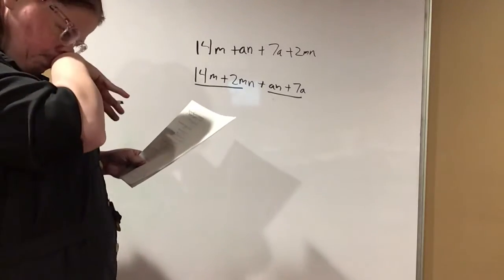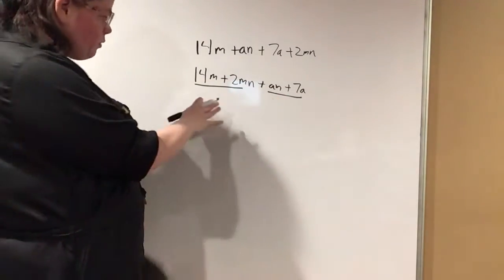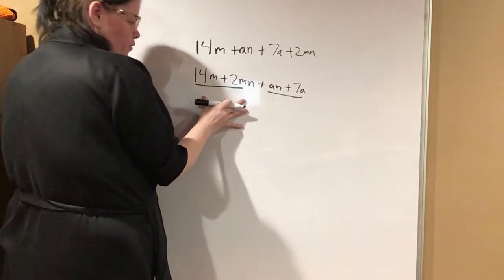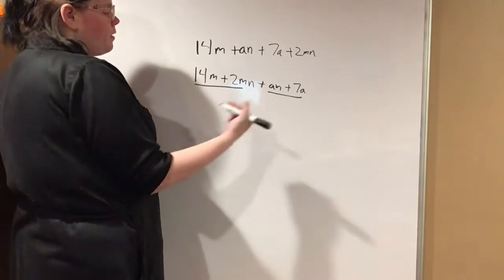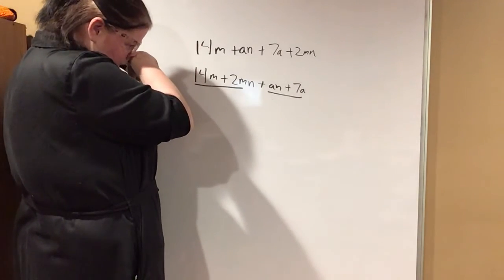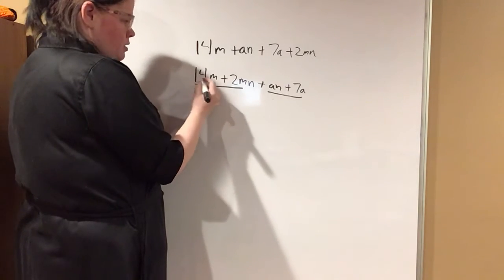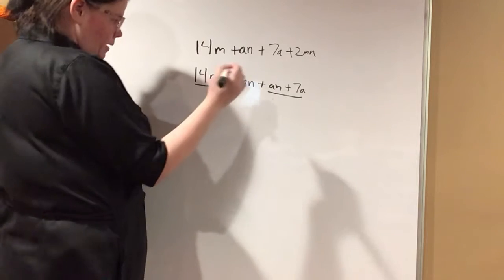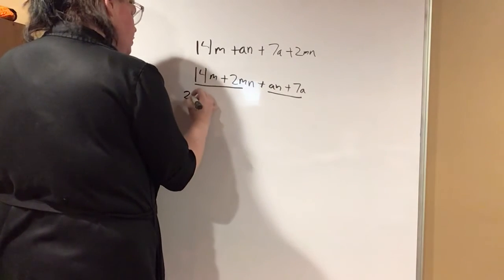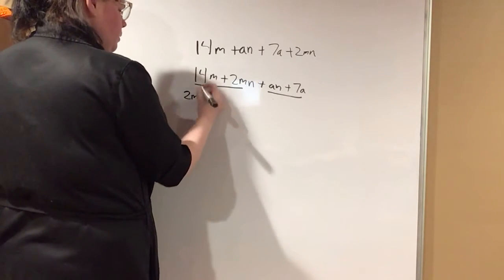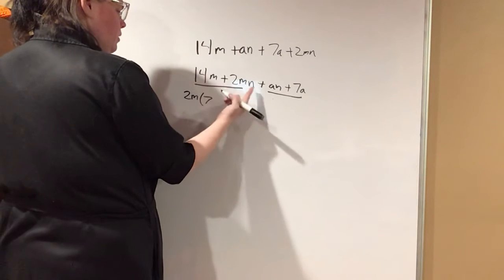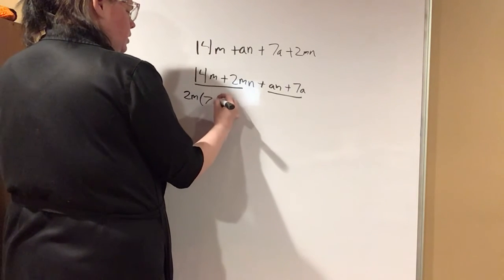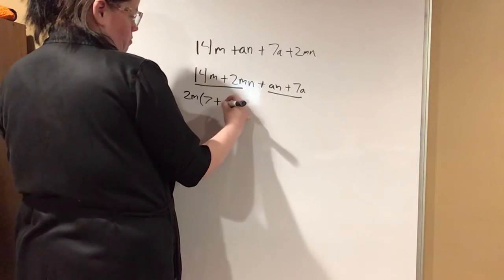So, what can I take out of the 14m and the 2mn? Well, I know that I can take a 7n, no, a 2m, sorry, 2m. So I'm taking a 2m out, and I'm left with 7 plus n.